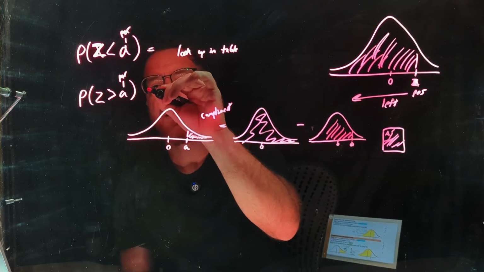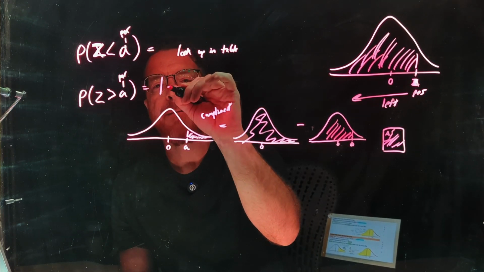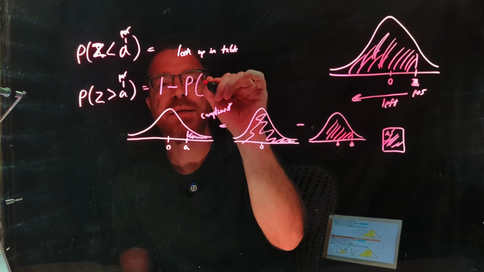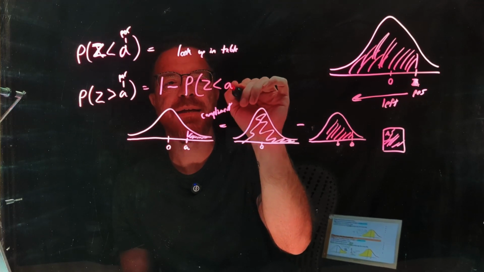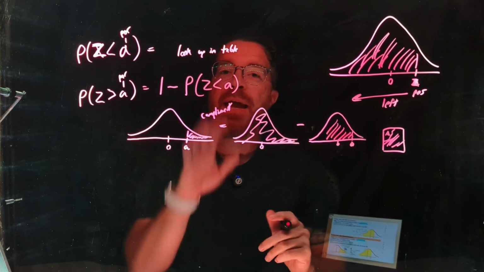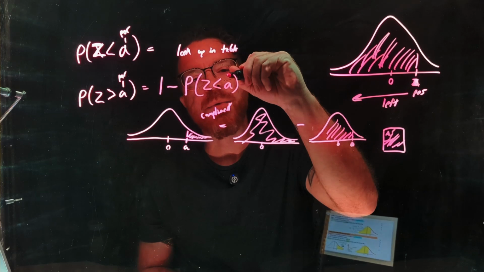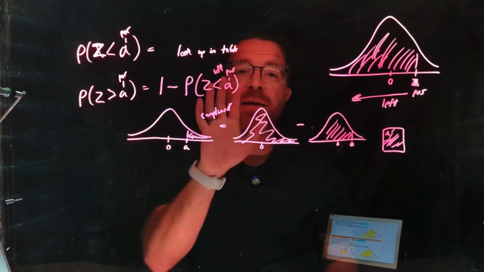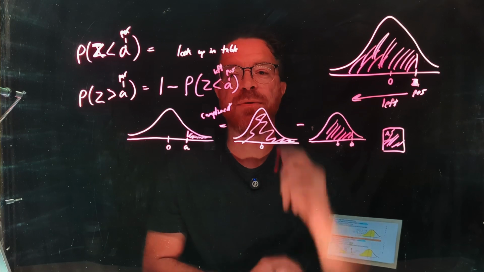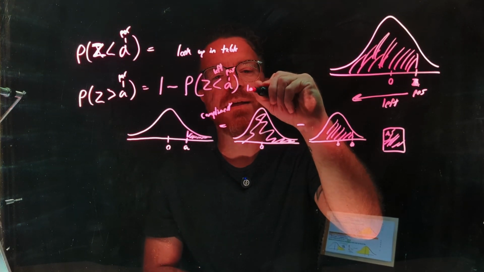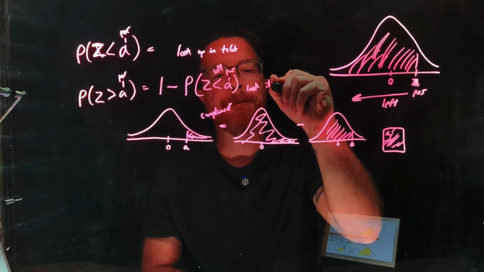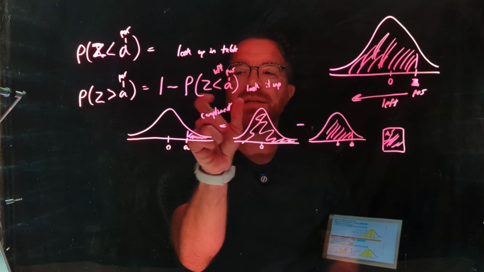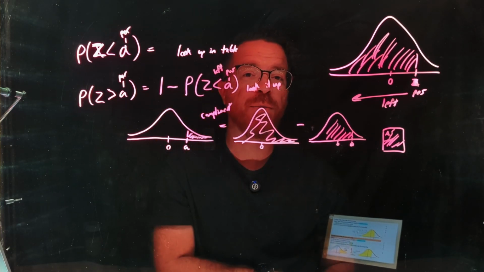So this is going to be 1 minus the probability that z is less than positive a. Now if we look at this probability, we have a positive a, and we have it looking to the left, meaning that we can look this probability up in our table. Whatever value we get for this, we just subtract from 1, and that'll be our actual probability.